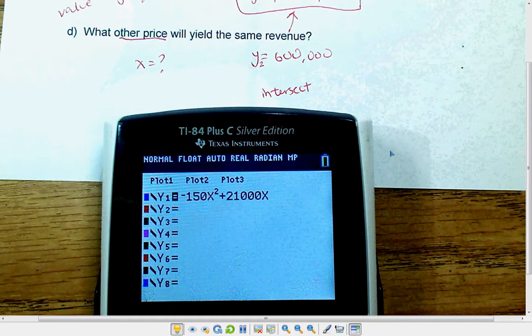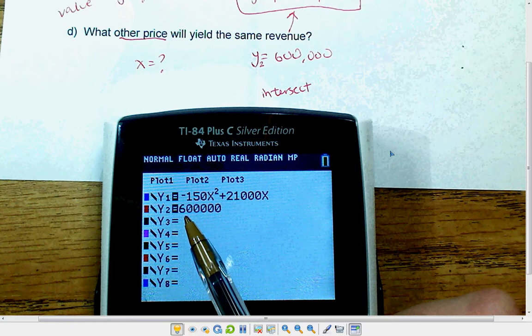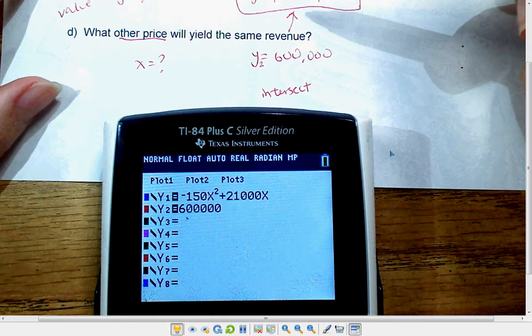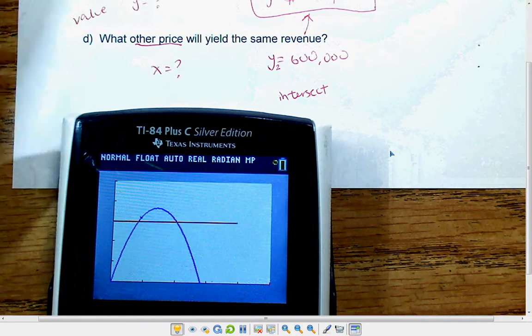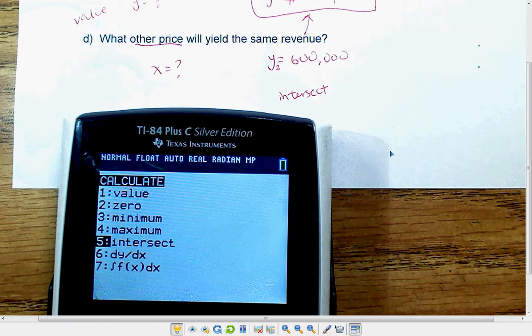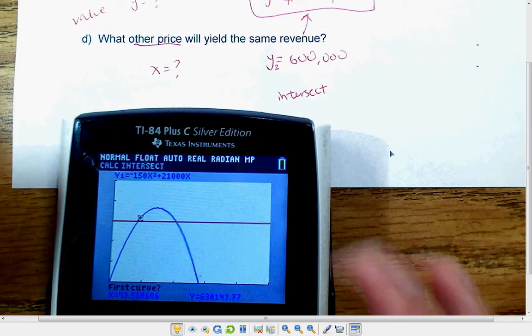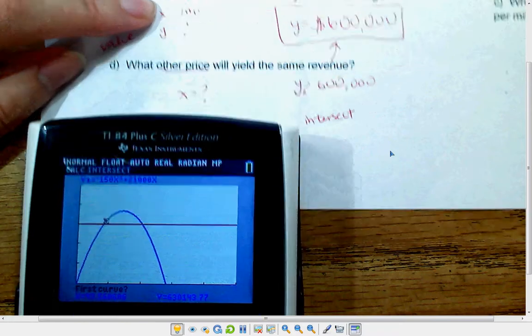So whenever they give you your y and you're looking for your x, we're going to have to go back into our y equals, type in y2, which is 600,000, and then press graph. You should see two lines now, and we're looking for the intersection point, so second calc intersect, which is number 5. So for this one, it's not left and right, you just have to get as close as possible to the point. So we should have two different answers. One of them we already know is going to be 100, because part C we know one of our x's is 100. We're looking for the other one.